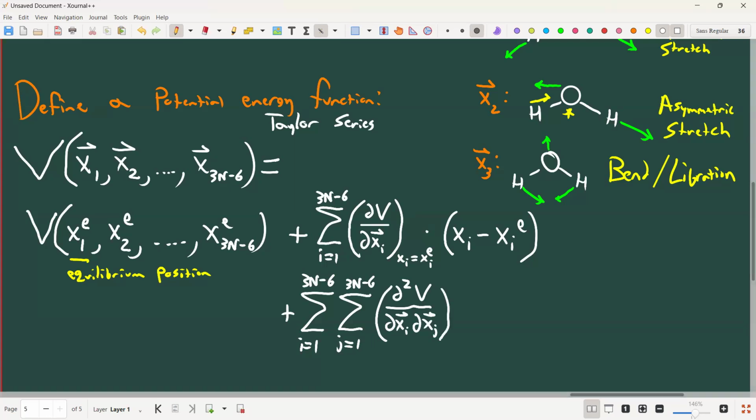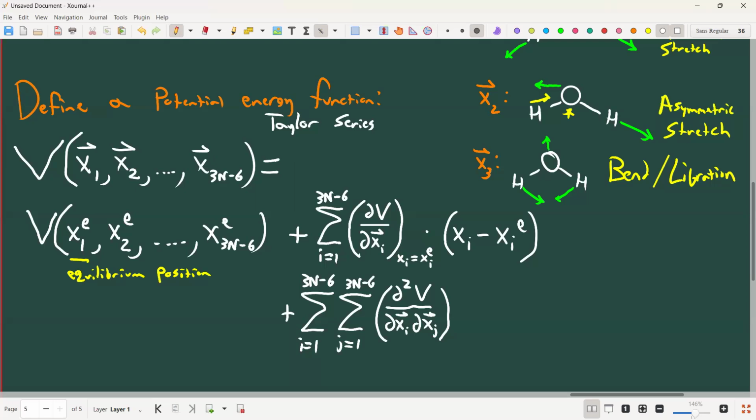So we have the second derivative of the potential, which is the curvature of the potential, as we move along two of the coordinates. So how does the potential change as I move along, say, x3, x2, or if I just move along x3, that would be the second derivative of the potential with respect to just x3.